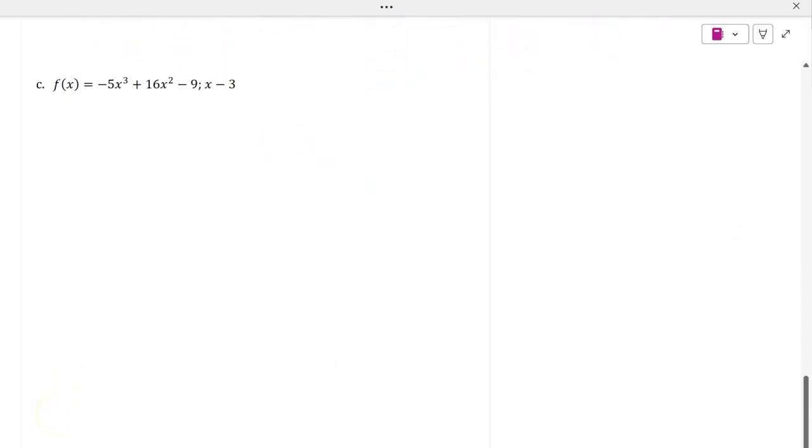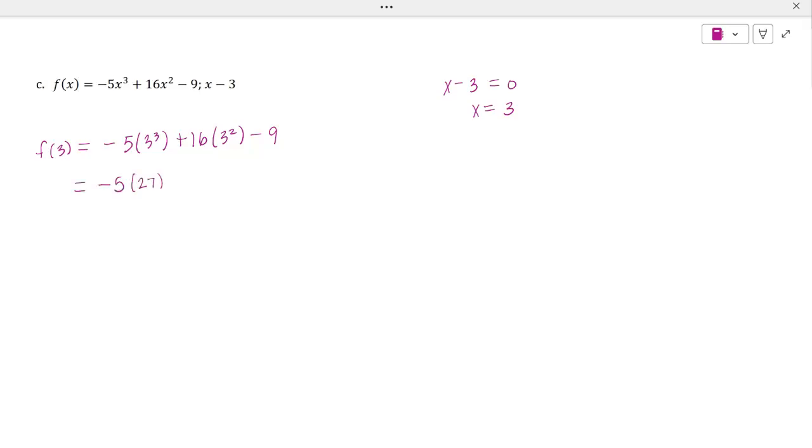For this example, the factor that we're looking at is x minus 3. So the zero is equal to 3. Let's plug 3 in to verify that it gives us 0. Let's see, 3 cubed is 27. 16 times 9 minus 9.